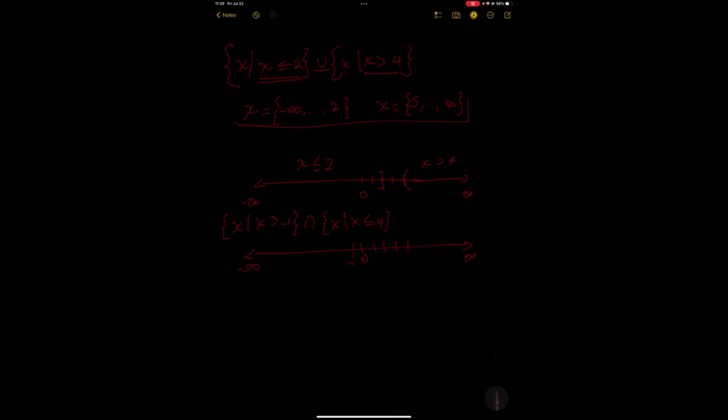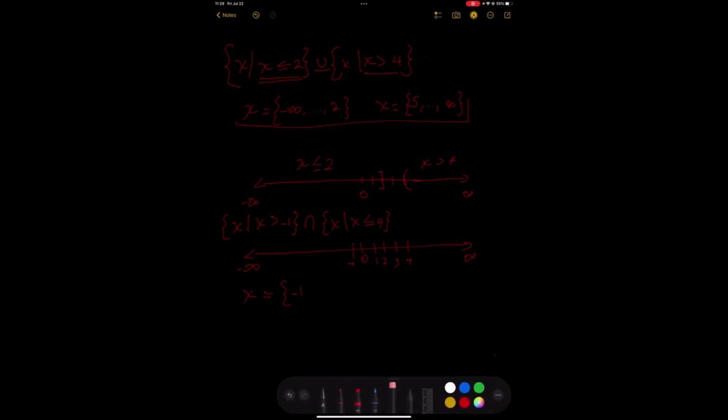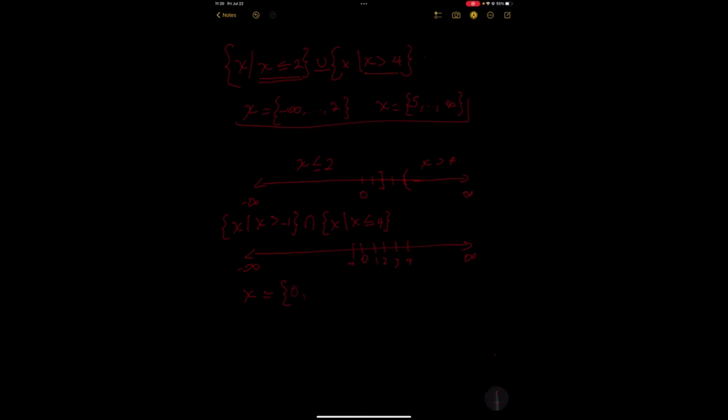Here is negative 1. This is 1, 2, 3, and 4. Well, x is greater than negative 1, so that means x now is equal to what? Negative 1, because it's only strictly greater than negative 1, so therefore negative 1 cannot be in the set builder. It has to be 0, 1, 2, and all the way to infinity.